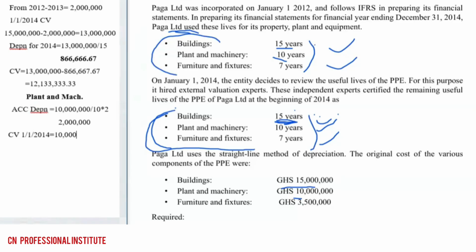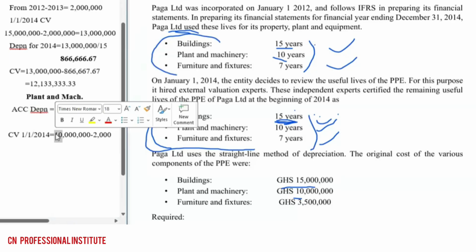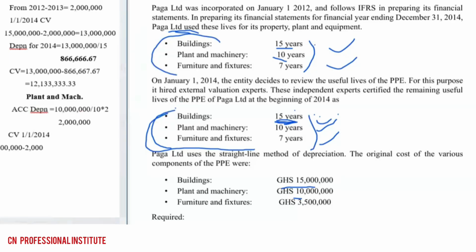So 10 million minus 2 million, and that will give us 8 million, right? So that will be the carrying value as at 1st January 2014.